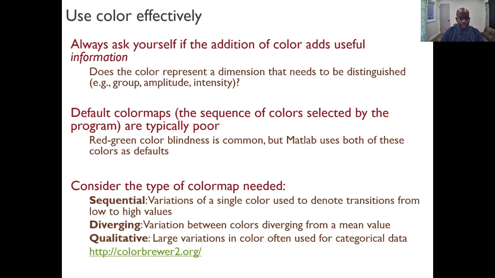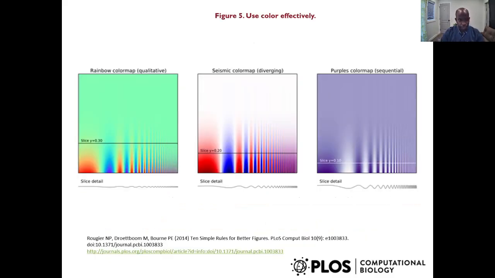Well, you may not use white, you may use something yellow that stands out from the background. And then lastly, maybe you're just representing differences in groups, right? You have a qualitative variable that you want to distinguish, and you don't want to use colors that convey scale or low to high. You just want to distinguish different groups. So here's an example of a few different color maps that illustrate these points, where you can use qualitative or diverging or sequential colors for the same data.